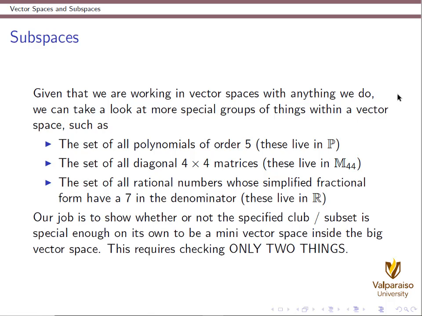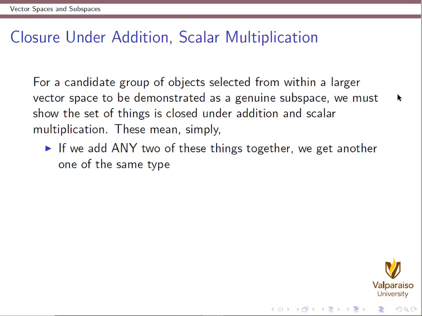Because they're already part of a big vector space, there's a whole bunch of properties they already inherit. So the only thing we need to do is 2 checks. The 2 things we have to check to demonstrate that some special collection is a formal subspace, as opposed to just some collection of stuff, is to show that the collection is closed under addition and scalar multiplication.